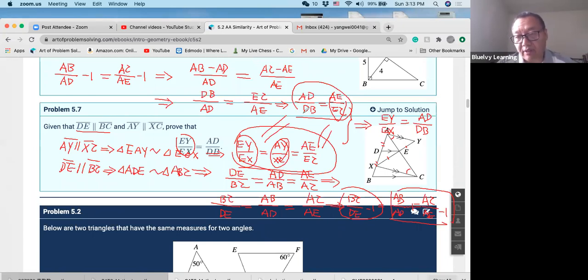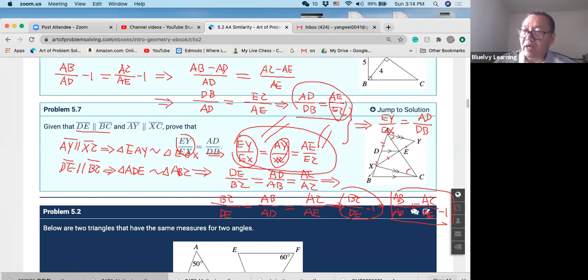To prove this, what we did was use two parallel lines. We got two pairs of similar triangles. Then their corresponding sides have the same ratio. Then EY over EX equals AE over EC. But from the other similar triangles, what do we get? First, AE over AC equals AD over AB.